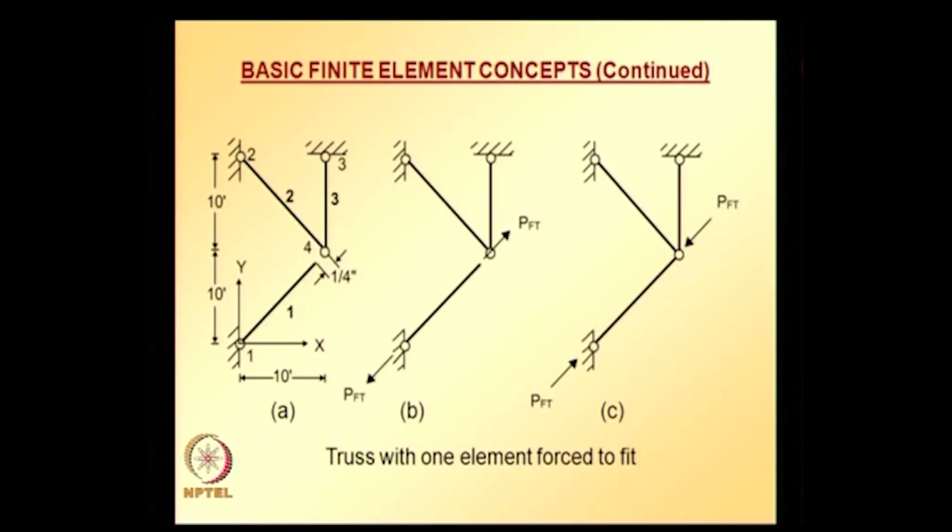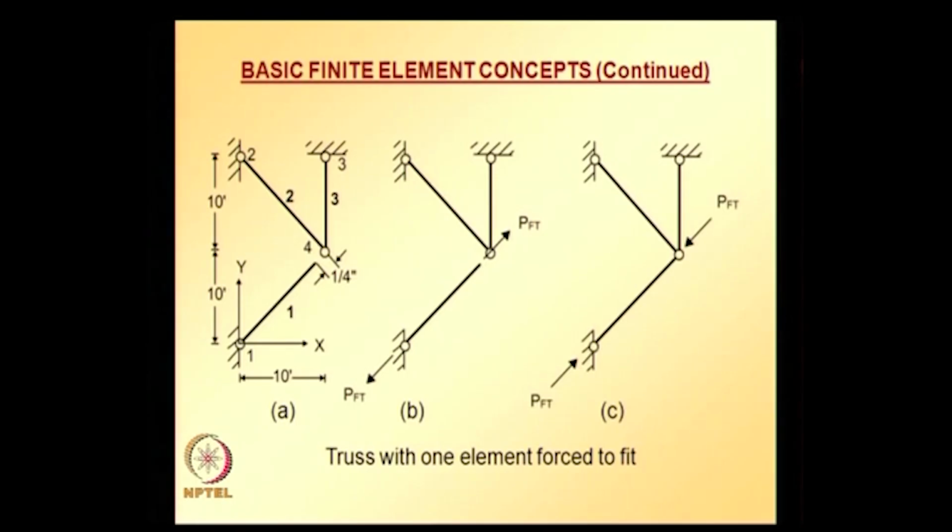Similarly, element 2 is going from node 2 to node 4, and element 3 is going from node 3 to node 4. We can calculate for those also in a similar manner. The global x coordinate and y coordinate are defined at node 1.